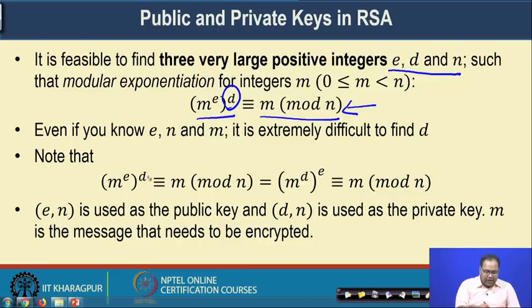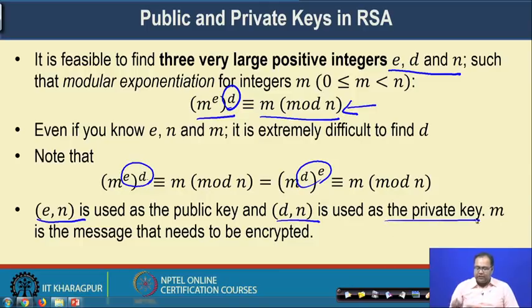So, you can change the order of this exponentiation, and this helps you generate two different keys, the private key and the public key. In this context, E and N are used as the public key, and D and N are used as the private key in the RSA algorithm.